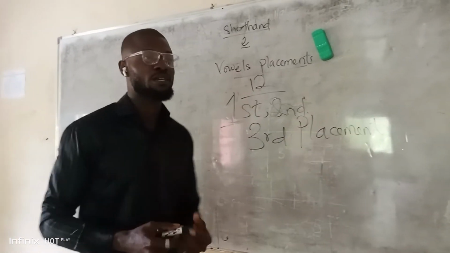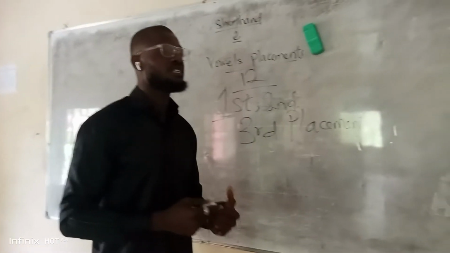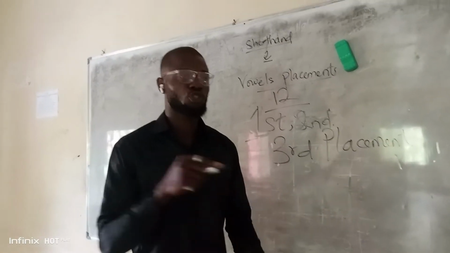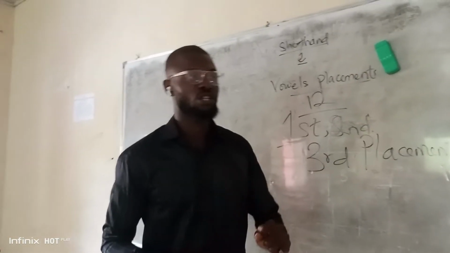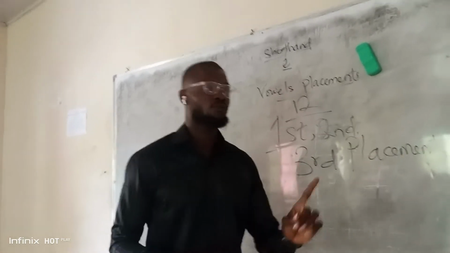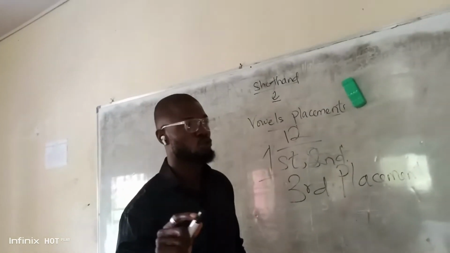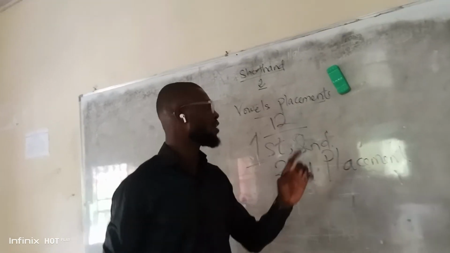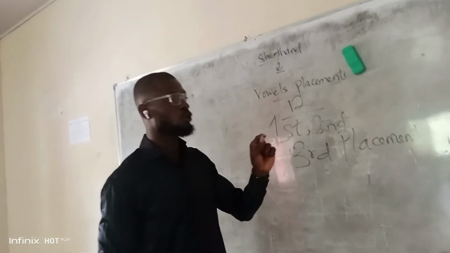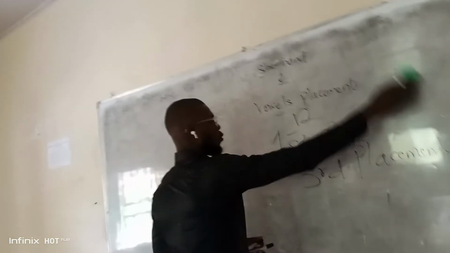Now the vowels placement. Vowels represent your dots and your dash. And lest you forget, consonants represent your strokes, while vowels represent dot and dash.